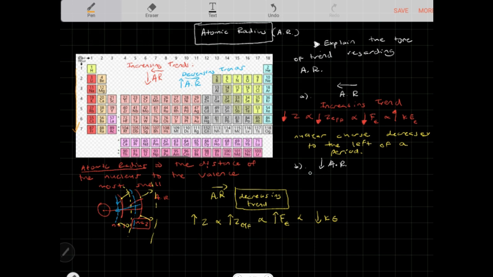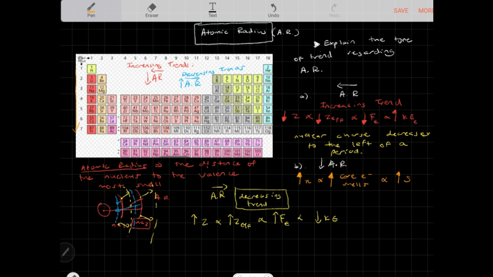Explanation for that: as you go down a group, the most prominent thing that increases is the shell number. So the shell number n increases, and the number of core electron shells increases. Because the number of core electron shells increases, the shielding effect will increase.